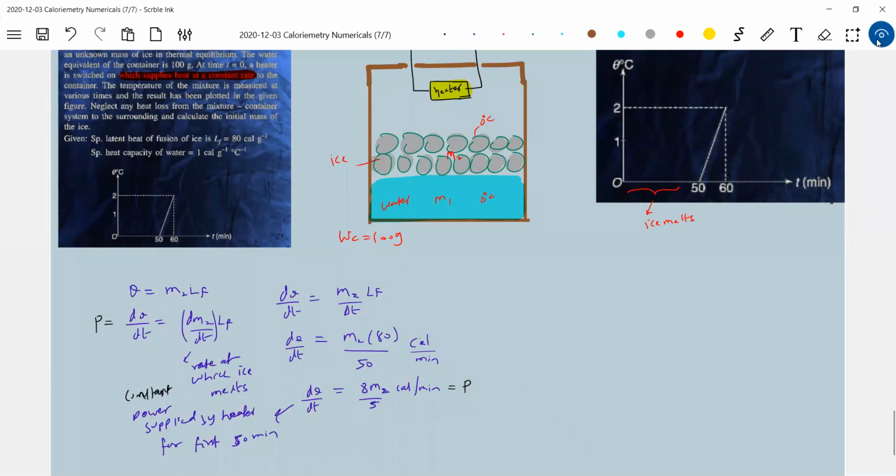How to write this equation? P should be equal to m2 grams plus 500 plus the water equivalent of calorimeter, which is 100, into the specific heat of water, into change in temperature by time, dT by dt.